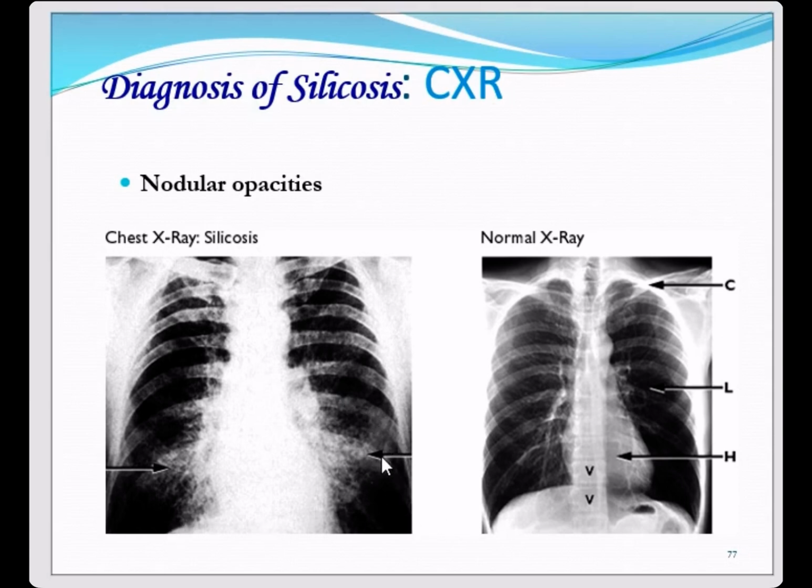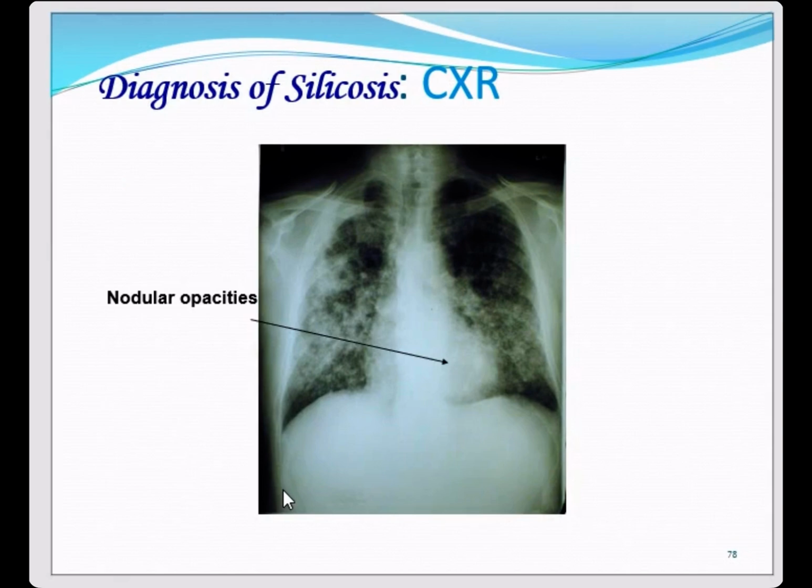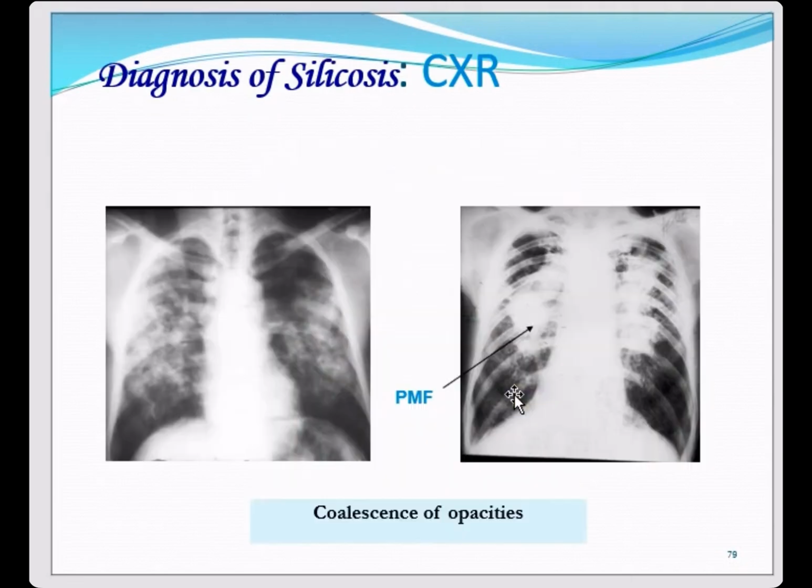You will find a nodule where the arrow shows, and you can also find a nodule here. For this patient, you may find more nodules. For example, here is a small one, and you can also find the big one. This is a large mass of nodules.